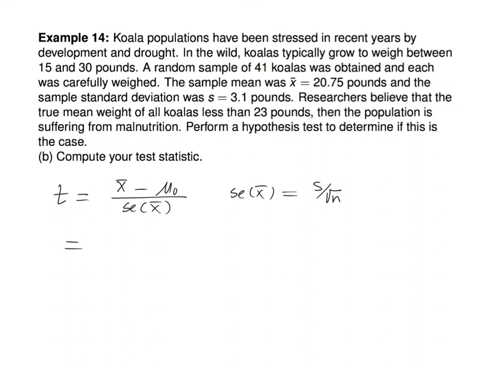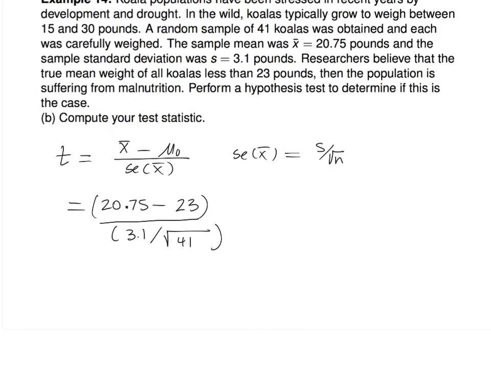So here we have x bar was 20.75 minus our null value of 23 divided by, well, s over root n is 3.1 over square root of 41. If you put parentheses where I put them, you should be able to put this in your calculator. Some calculators might also default and give you parentheses here and here. So this comes out to be negative 4.65.